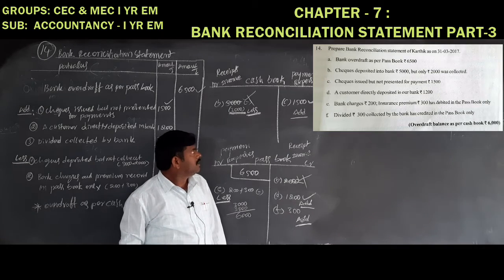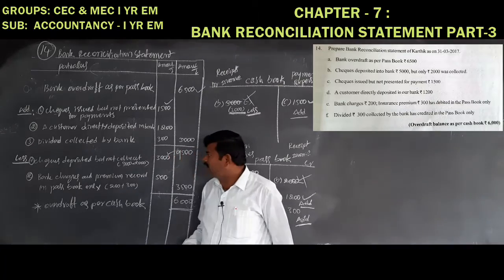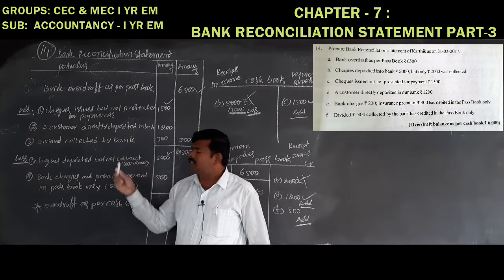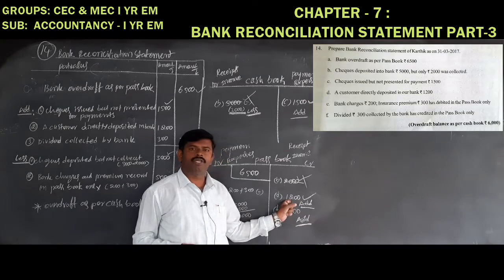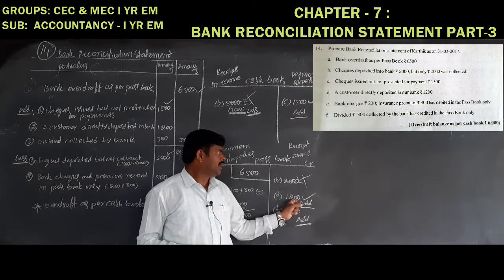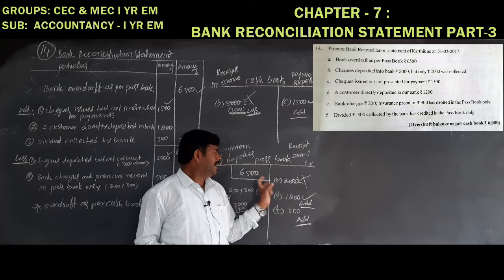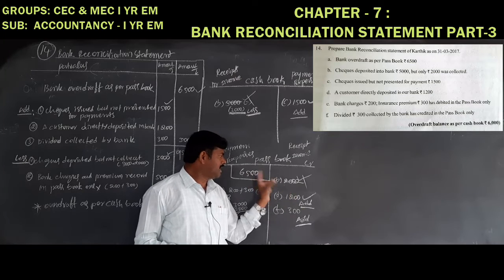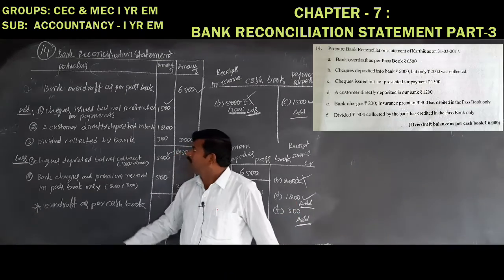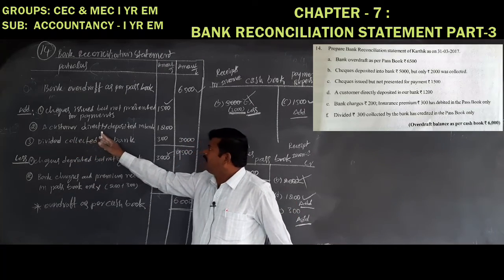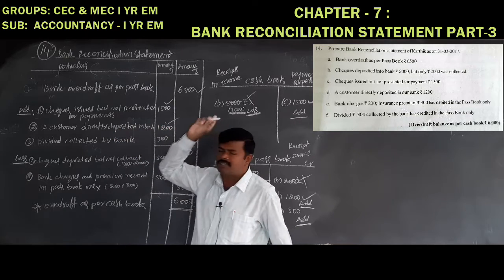Next, D. A customer directly deposited in our bank. From the customer's point of view, this is a receipt, so it must be recorded on the credit side of the passbook. So it is also in the opposite direction to the starting point. It must be recorded in add items. A customer directly deposited in bank 1,200 rupees.